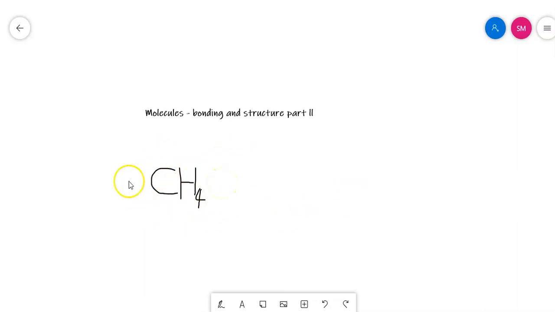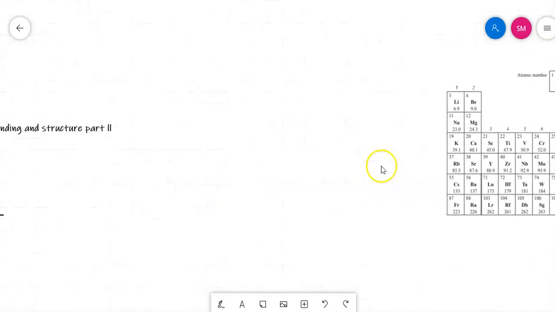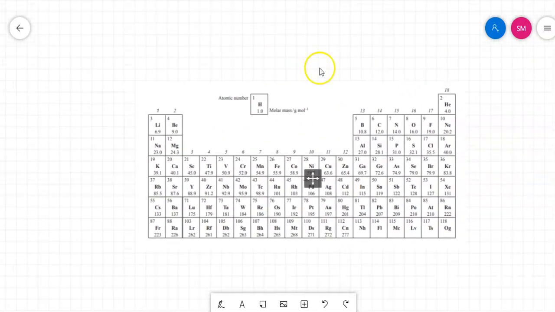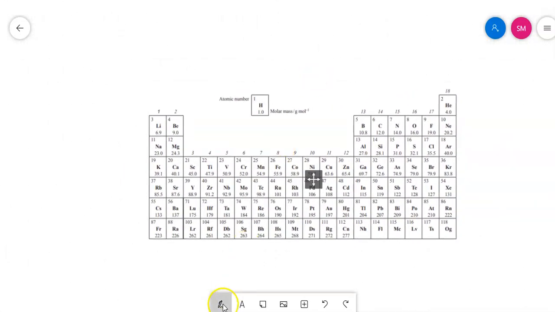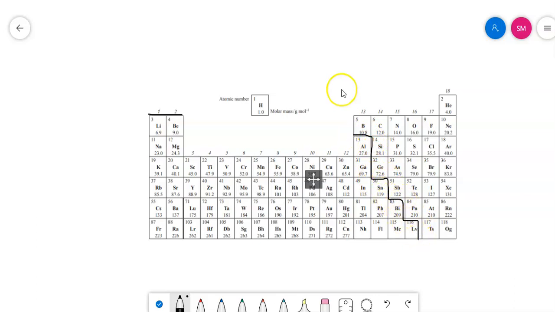So we need to remember that molecules are made up of non-metals. They're always non-metals bonded together. So we can look at our periodic table that will be given to us in the exam. And we've gone over this in every video so far, but just remember there's that line that you need to remember where to draw in yourself, which divides metals from non-metals. So on this right-hand side over here, we have the non-metals.